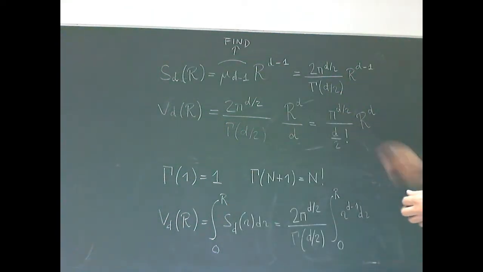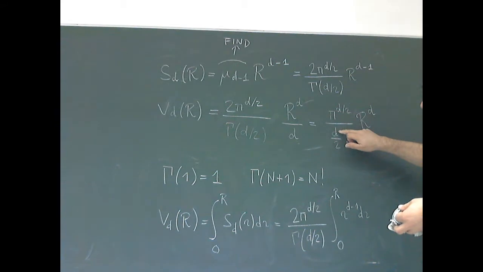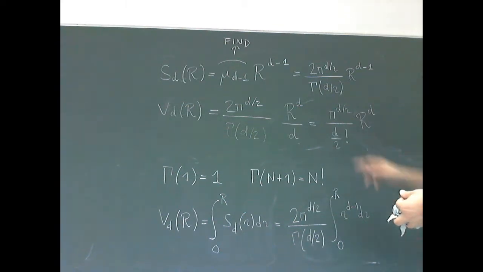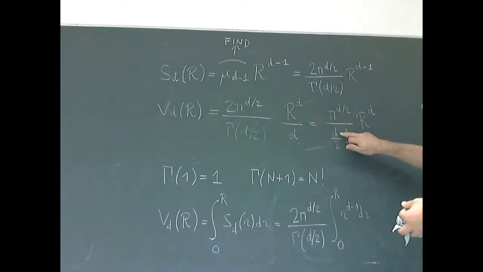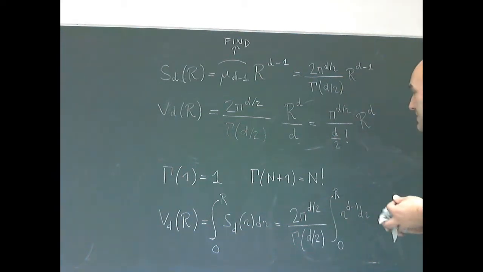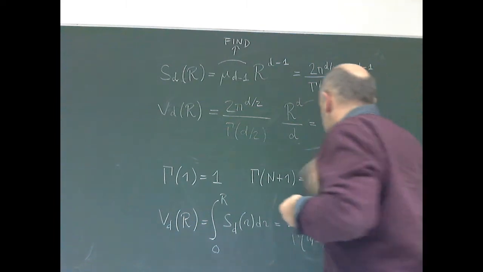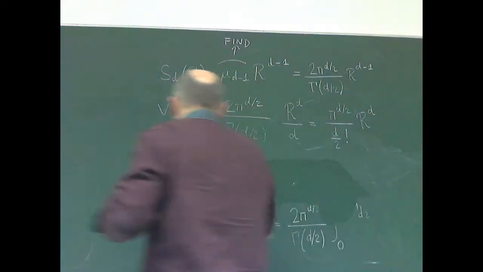So what is the meaning of factorial? If d is an even dimension, we know what it is. So if it's 4, it's 2 factorial. If it's 6, it's 3 factorial. If it's 8, and so on and so on. If it's a half integer, so if d is an odd number, you get 3 half. So what is the 3 half factorial?